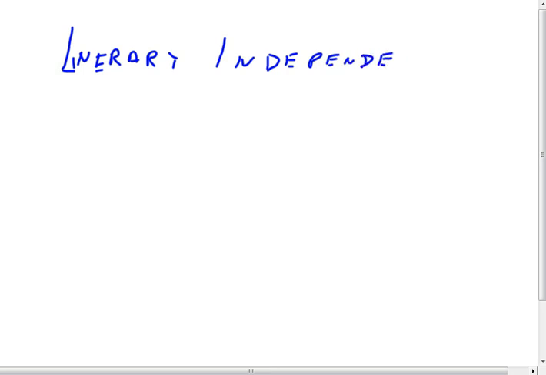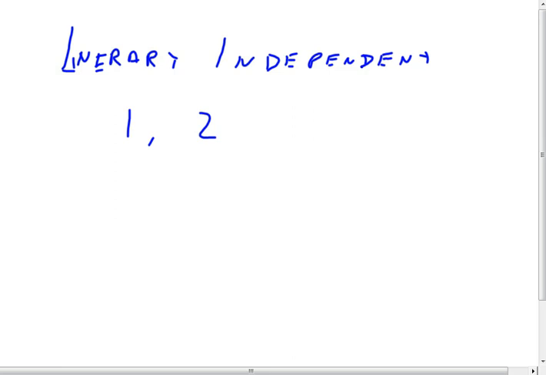So now the next issue on our plate is how do we know something is linearly independent? So if I have a 1 and I have a 2, are they linearly independent?